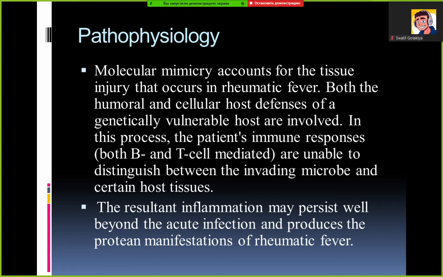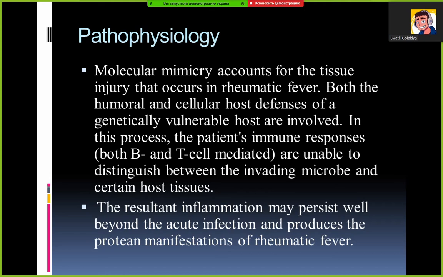In this process, the patient's immune response, both B and T cell mediated, is unable to distinguish between the invading microbe and certain host tissues. And the resultant inflammation may persist well beyond the acute infection and produces the manifestations of rheumatic fever.